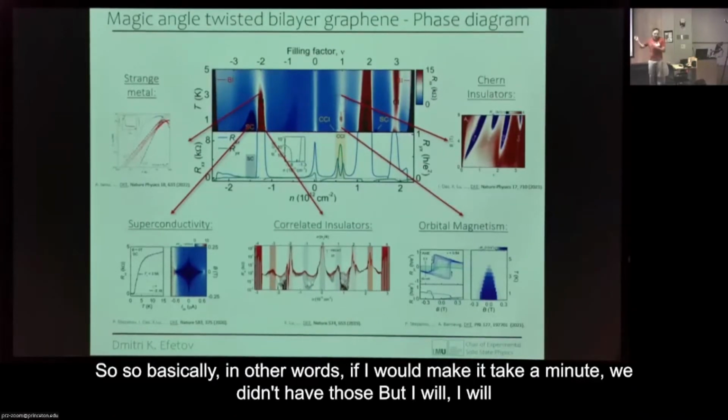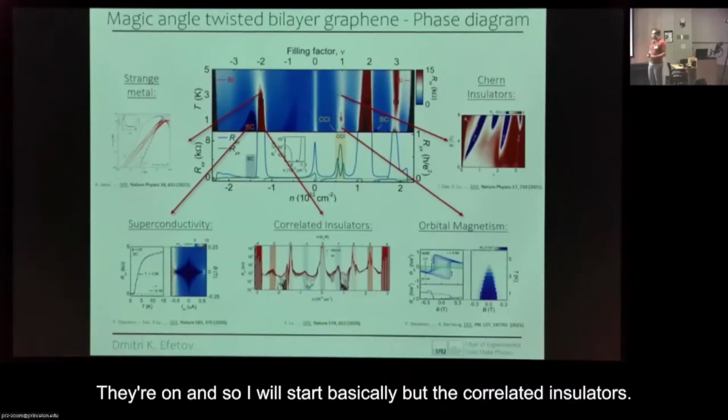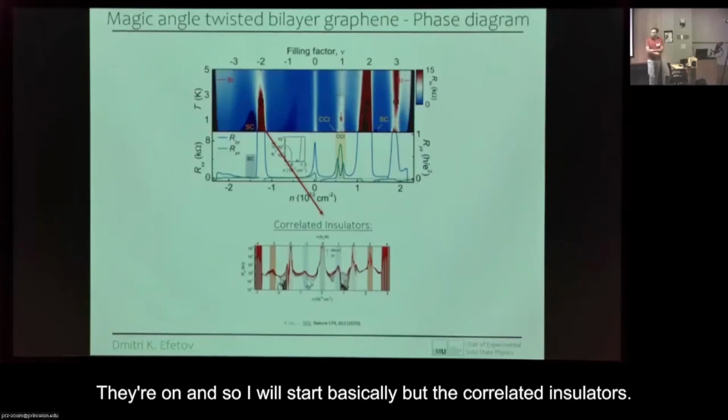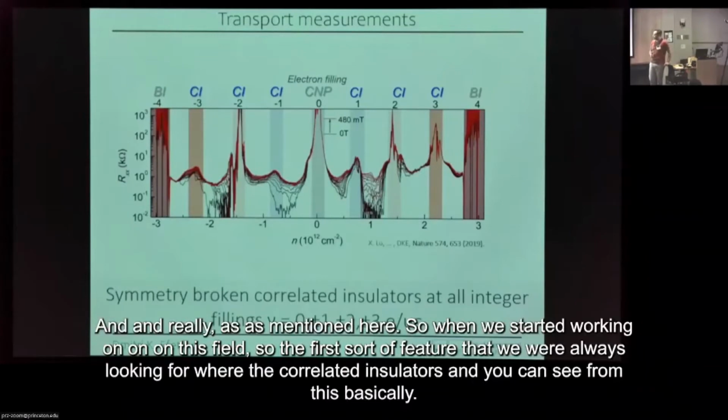For the rest of the talk, I will go through all these phases in a little bit more detail, to cover the ongoing understanding of these phases. I will start with the correlated insulators. When we started working in this field, the first feature that we were always looking for were the correlated insulators.